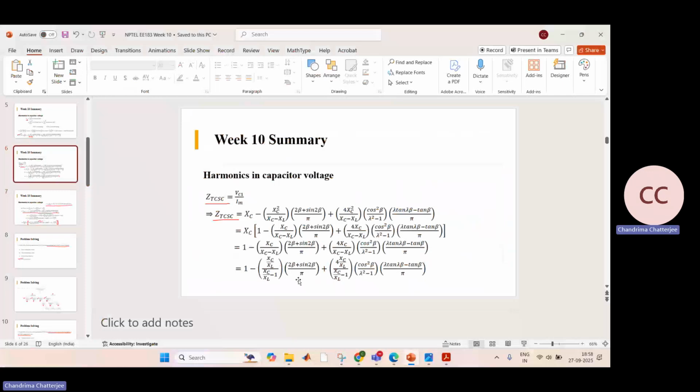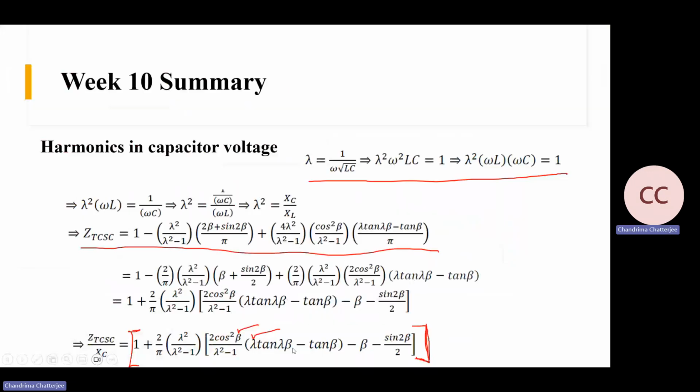Okay. Now, if you see here, you will see an expression of tan lambda beta and tan beta, right? So this expression we will get.